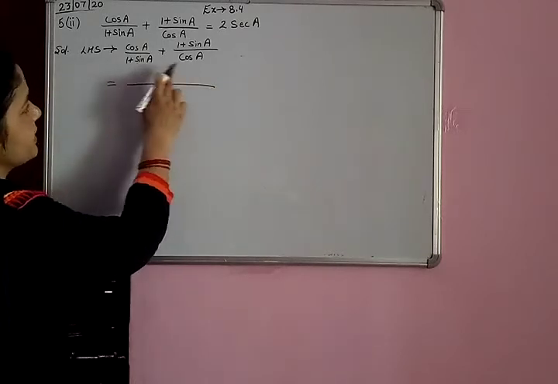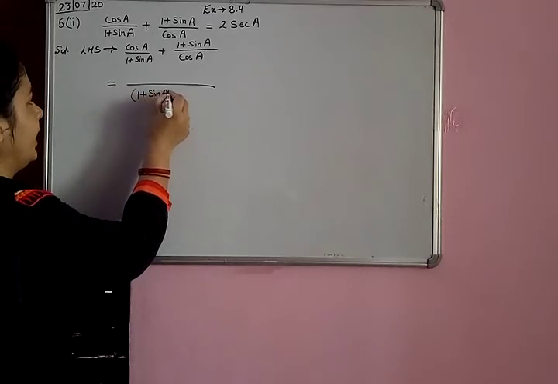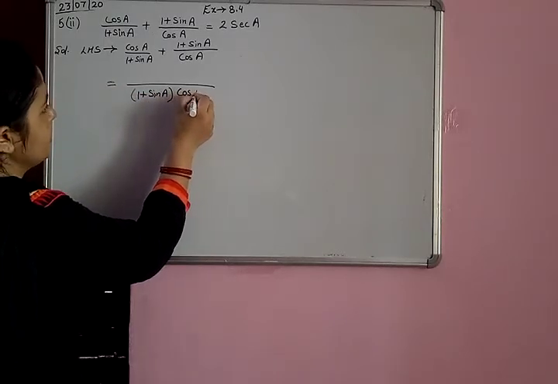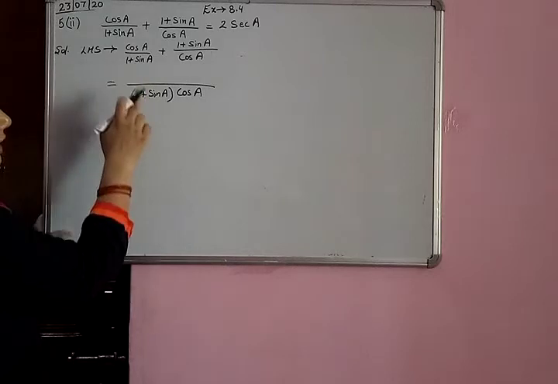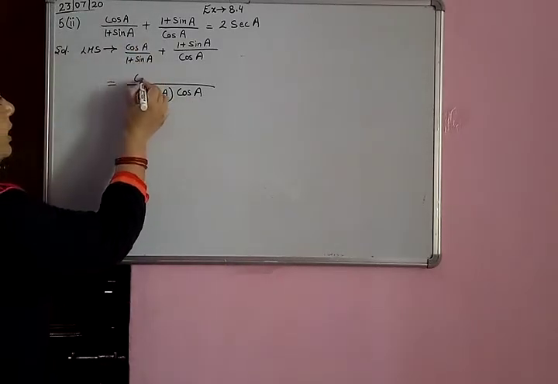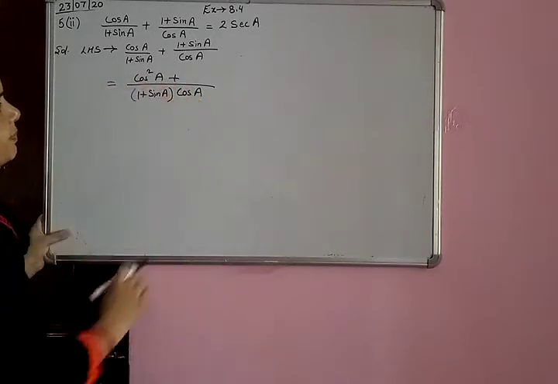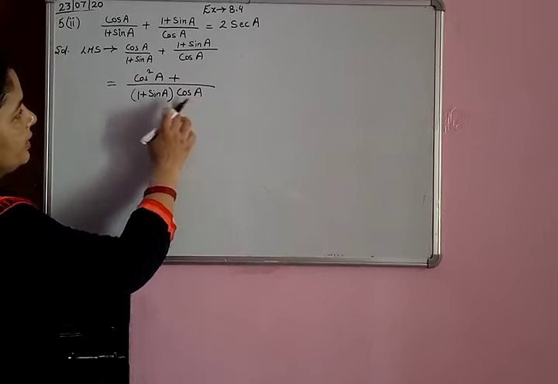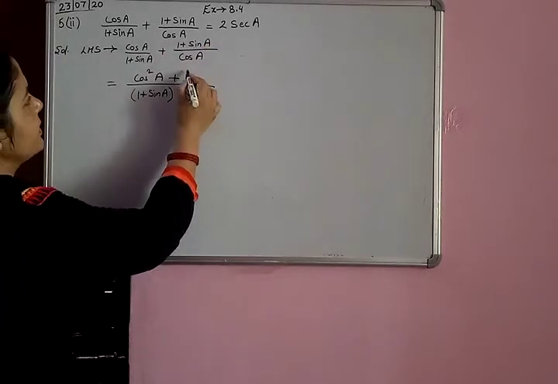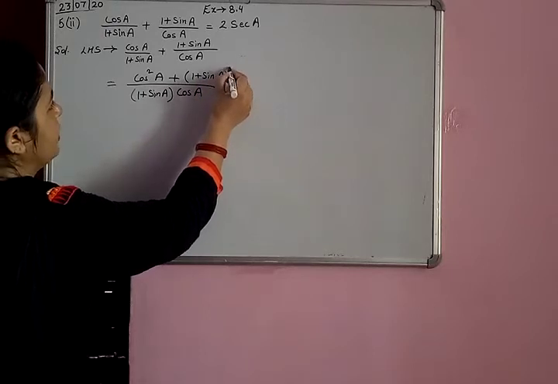LCM of (1 plus sin A) and cos A is (1 plus sin A) into cos A. Okay. Now 1 plus sin A cancel. So cos A multiplied by cos A is cos square A. Then plus cos A cancel. (1 plus sin A) into (1 plus sin A) is equal to (1 plus sin A) whole square.